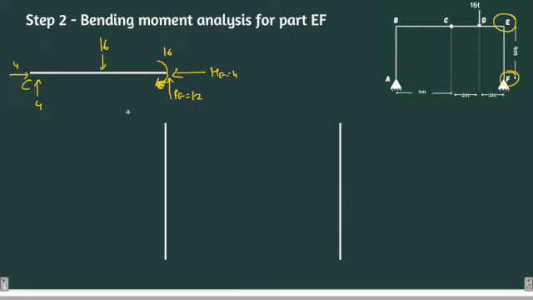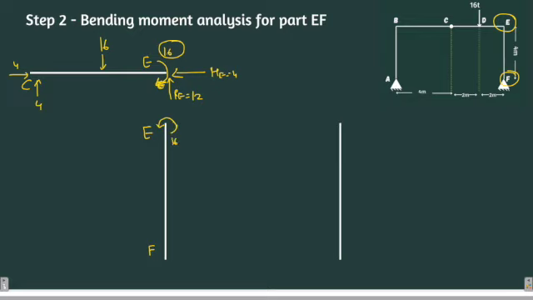Now we are going to solve for EF. Since E is a stable point, there is a moment in the clockwise direction over here. There must be a counter moment acting in the anti-clockwise direction in the part EF of the beam. So there is a counter moment of 16 units.